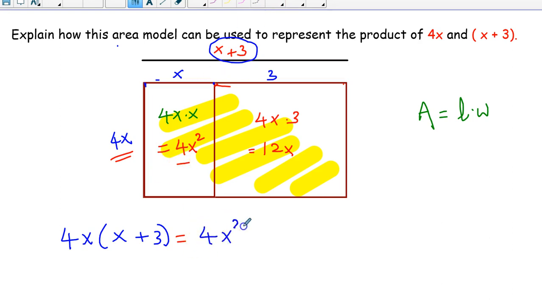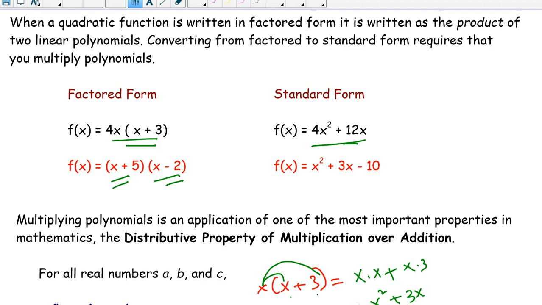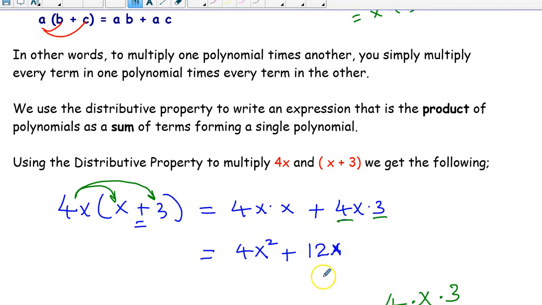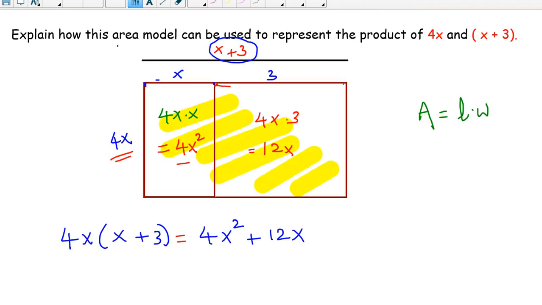That is 4x square, plus the area of the second rectangle, 12x. So this is just the same product, the one we had just now: 4x square plus 12x. 4x times x plus 3 is equal to 4x square plus 12x.